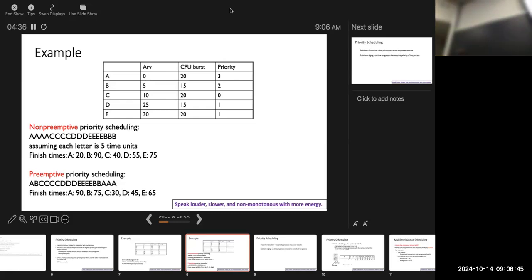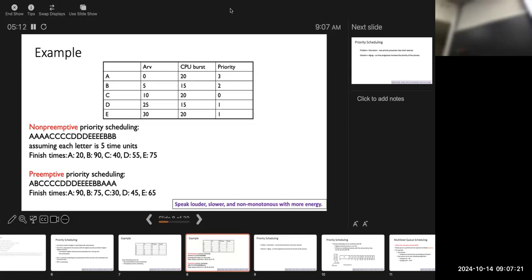Remember, I actually asked this question last time: what will be the issue with priority scheduling if in your ready queue you have, let's say, 1,000 processes, and you need to make a scheduling decision? All of these 1,000 processes have their own priority values, or priority numbers. So what you need to do is scan the whole list, or the whole FIFO, of the ready queue.